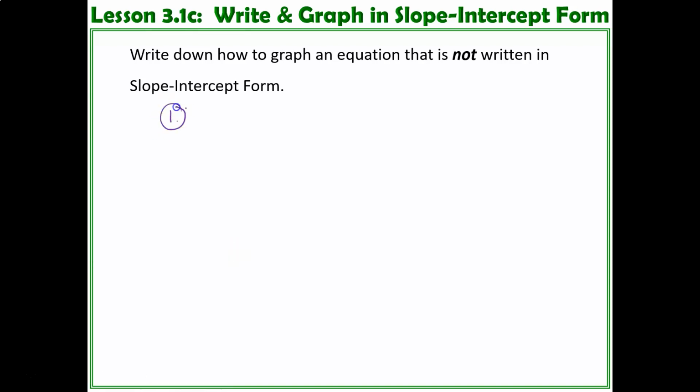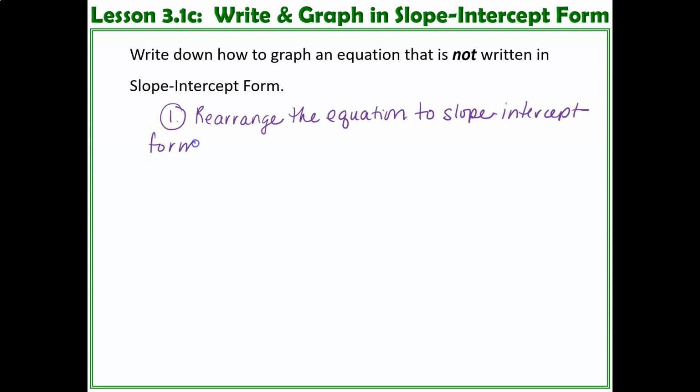The first way I just showed you is to rearrange the equation to slope-intercept form. Or the second way is you can graph using the x and y intercepts. And I'll show you how to get those.